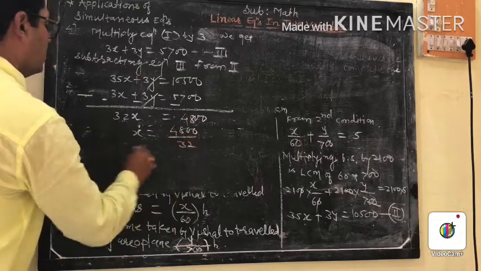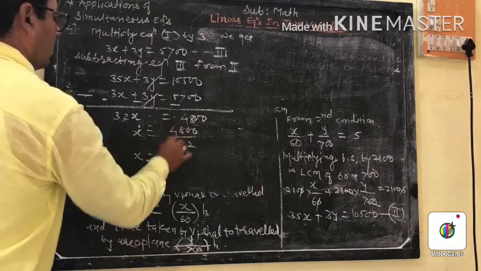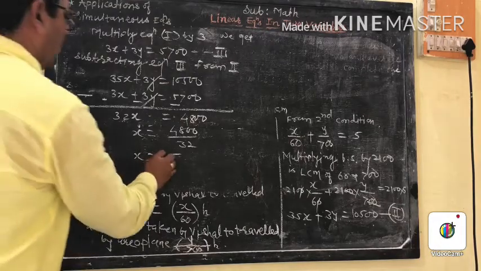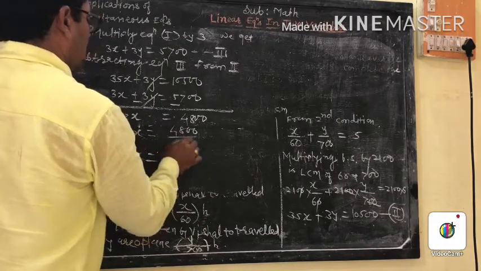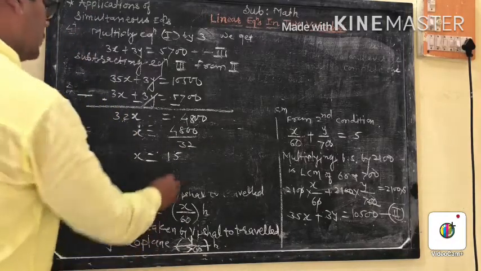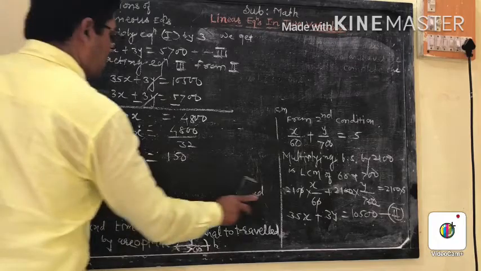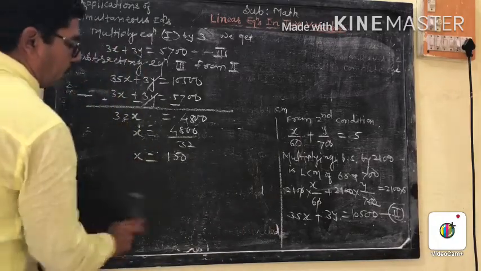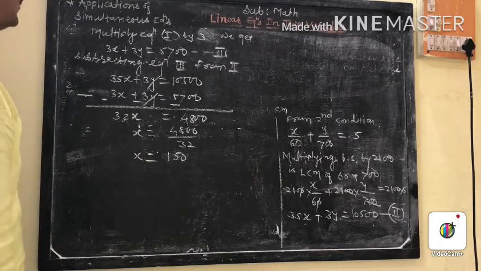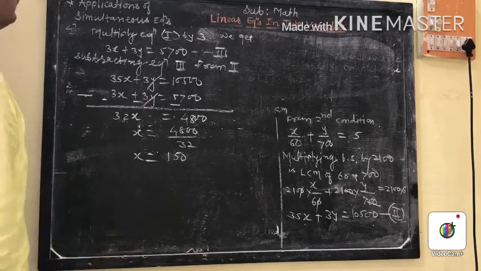Dividing by 32, you get 150. Now you get the value of x here, and x is the distance traveled by Vishal by bus.